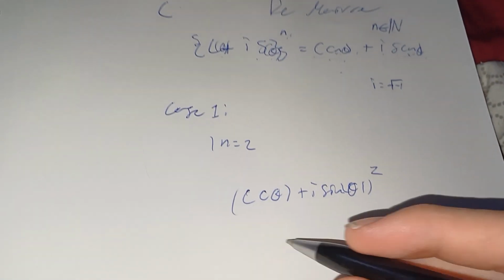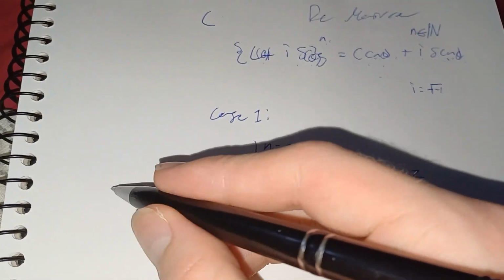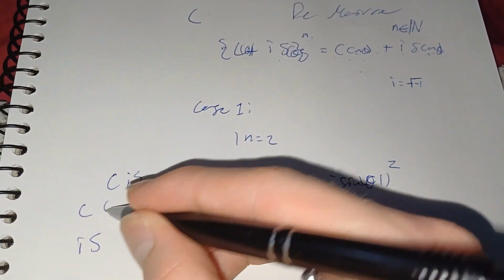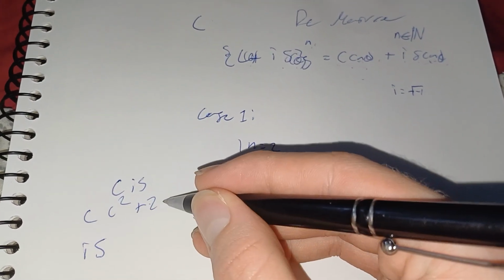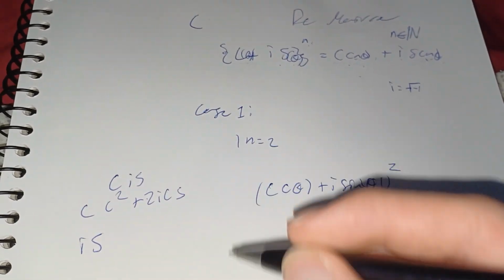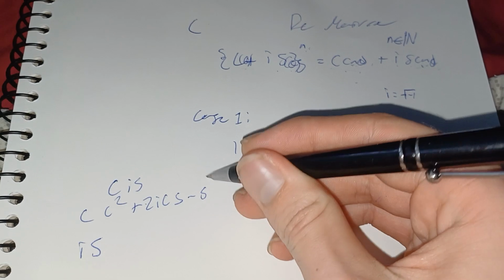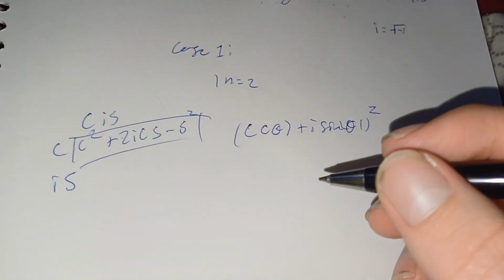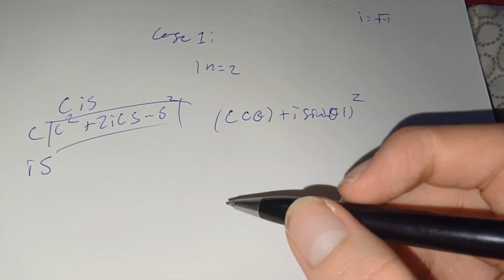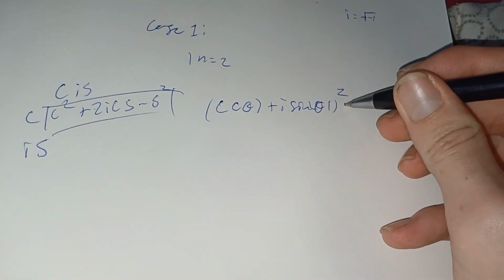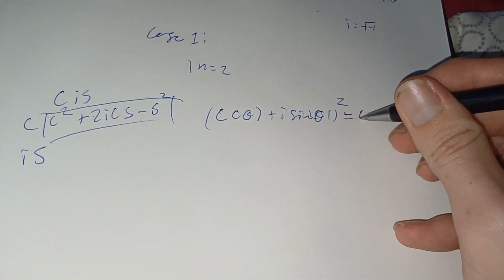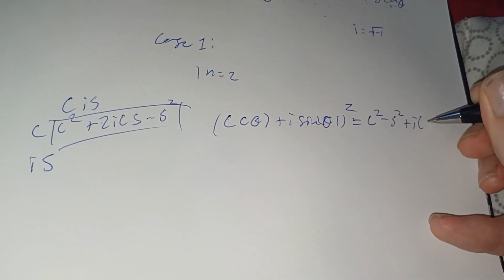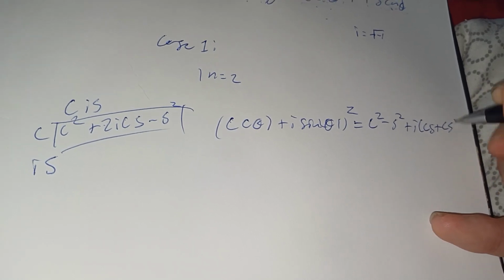And then we just use our multiplication table: cosine squared plus 2i cosine sine minus sine squared. So this is what we get from the multiplication, and it's really interesting because now this is equal to cosine squared minus sine squared plus i times (cosine sine plus cosine sine).